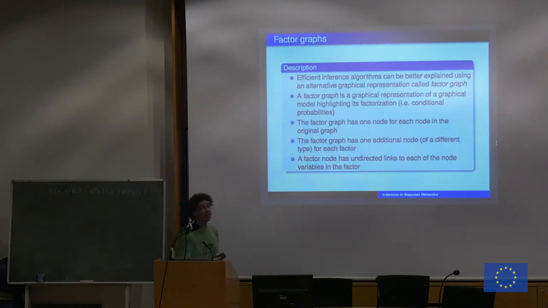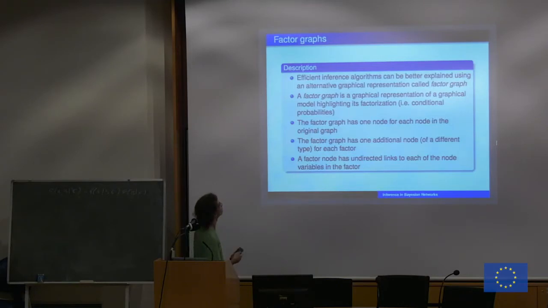Now, the trick for doing efficient inference on these structures is to take the Bayesian network, provided it satisfies the previous conditions, and turn it into an alternative representation, which is called a factor graph.